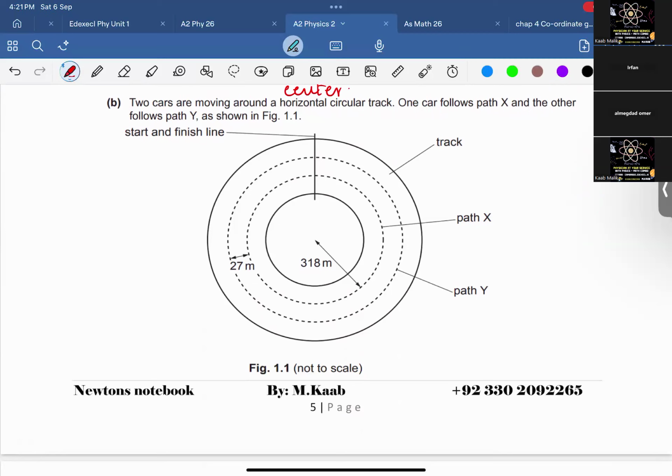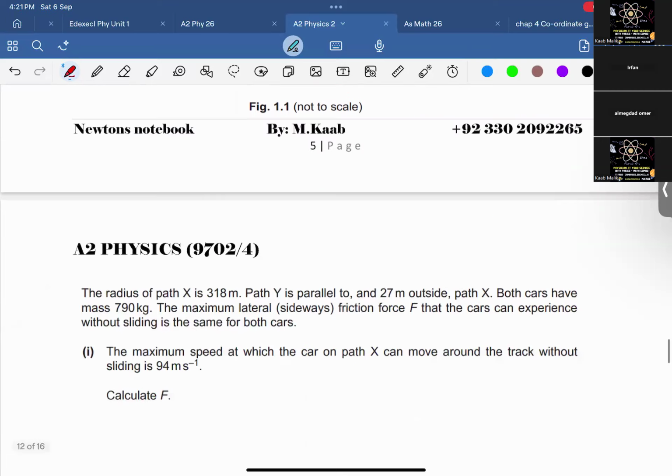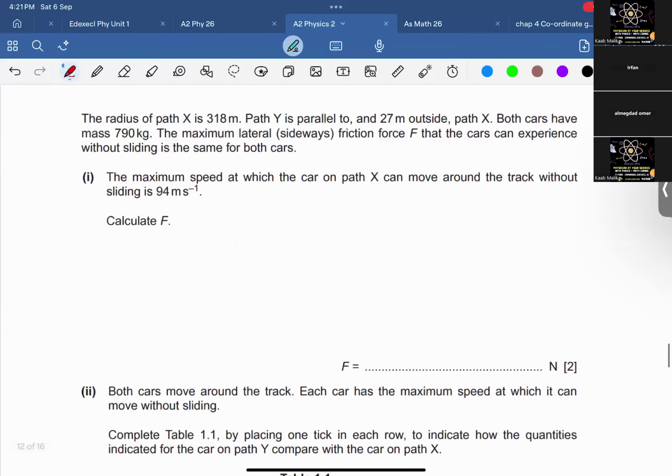Two cars are moving around the horizontal circular track, with one car following path X and the other following path Y as shown in Fig 1.1. The radius of path X is 380 meters.